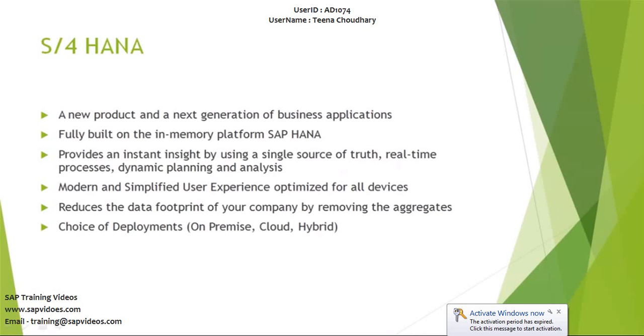In 2012 or 13, SAP gave the option to EHP customers also that if they wanted to move to cloud, that was available. But SAP S/4HANA from the first day itself offers that customers can go on cloud or they can use the traditional way of on-premise. And the third option is also hybrid. Hybrid means a mix of both. So some components can be moved to cloud while some components can still work on premise.